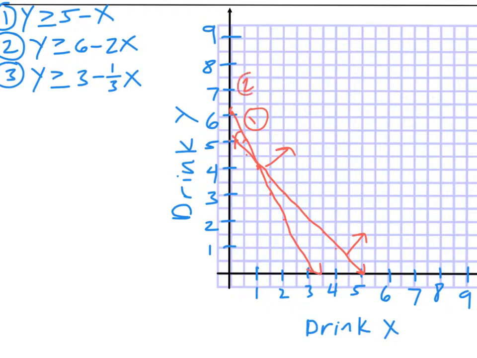Constraint number 2. All right, and then 3 is 3 minus a third. So down 1, I'll start here, down 1 over 3. It does look like right there it intersects as well.